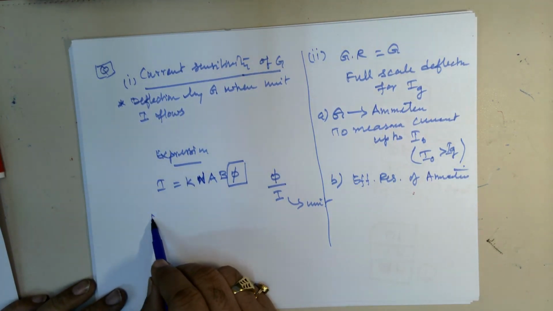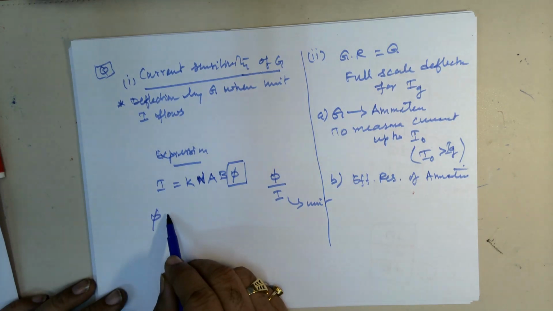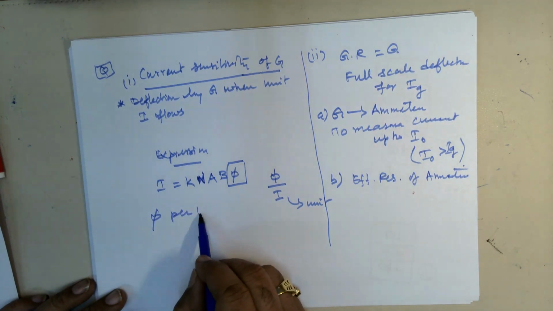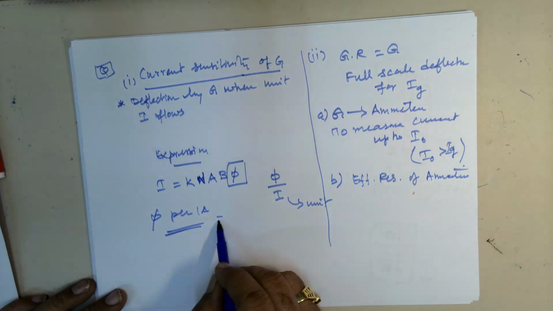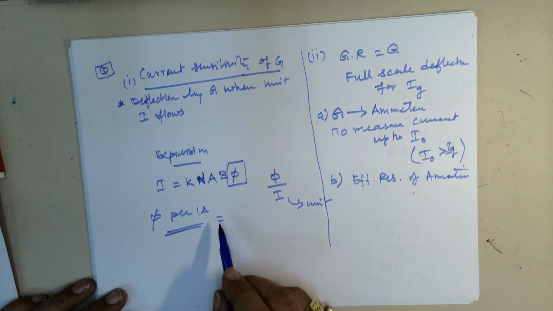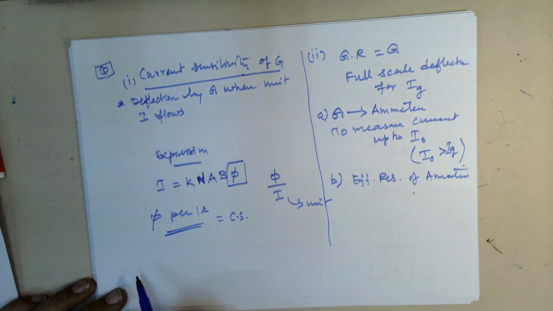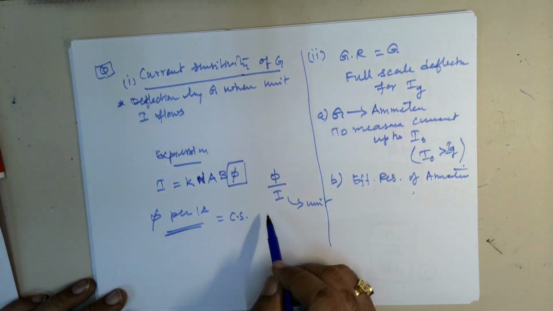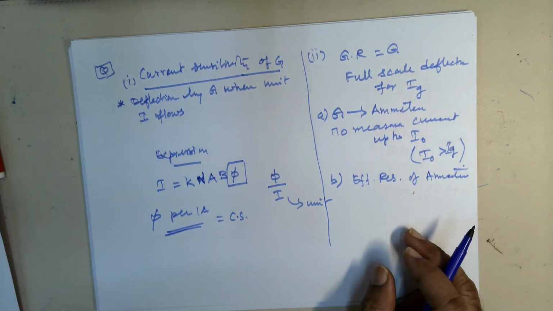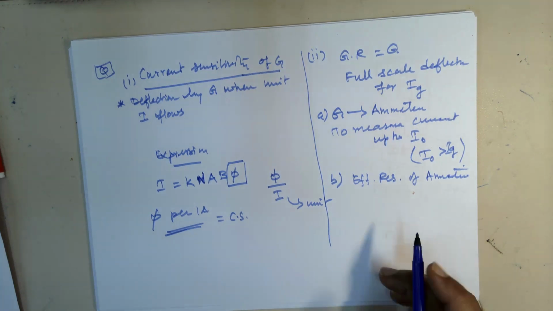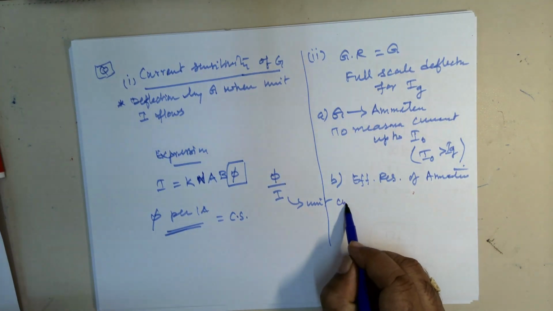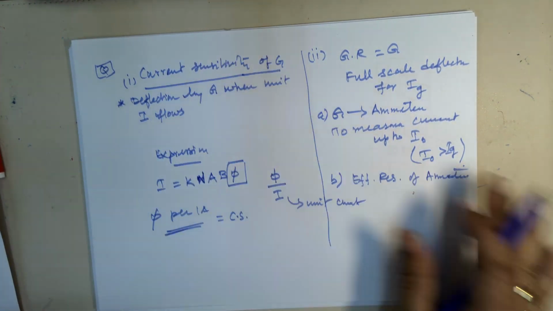So simply it can be represented as phi for 1 ampere, that is phi by I. So this is called current sensitivity: phi by I, where I is equal to unit, that is 1 ampere. So this part is over.